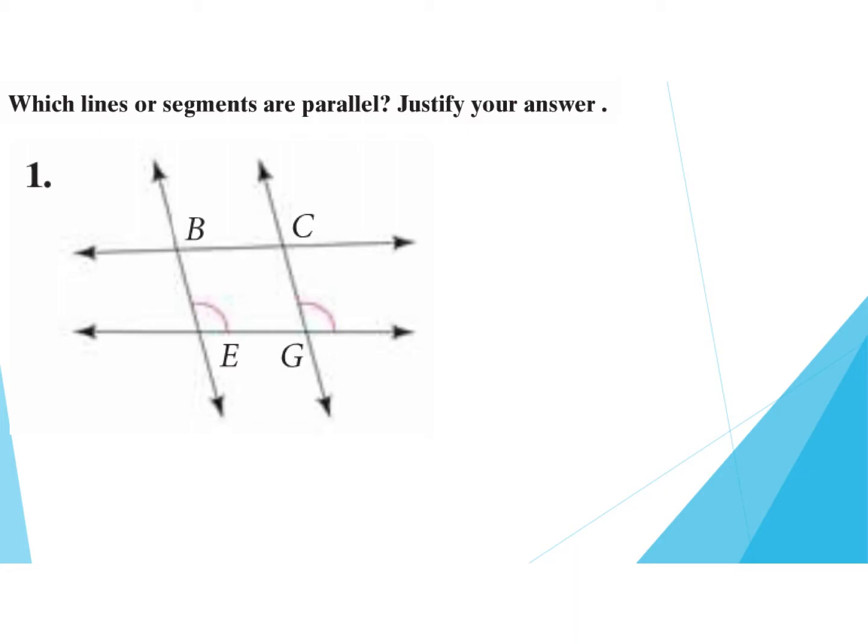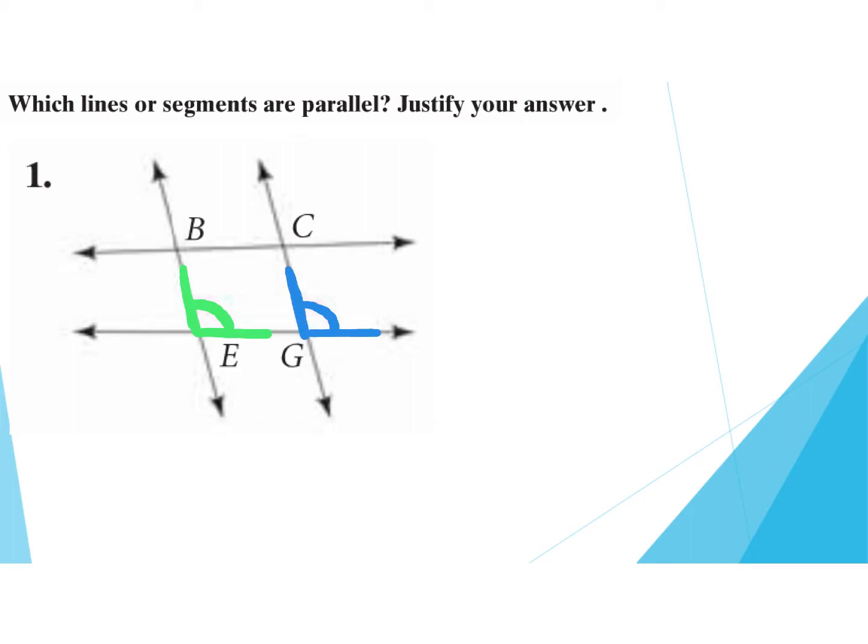So in the following examples, we'll go over how you can identify which lines are parallel and the reason you use for each. First, let's visually see what we have in the diagram. For my first angle right here, I usually like to trace over the sides just to see what I have. So I have one side of the angle right here and here. The other angle that's given is this angle right here, and it has these two as the sides.